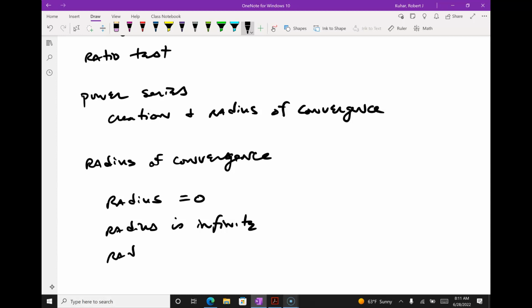Or the radius is some fixed number, like 1, right? We've seen it to be 1, and we're talking about the absolute value being less than 1. Now, when we do a ratio test, we do a limit. So what do you think is going on with the limit in each of these cases?